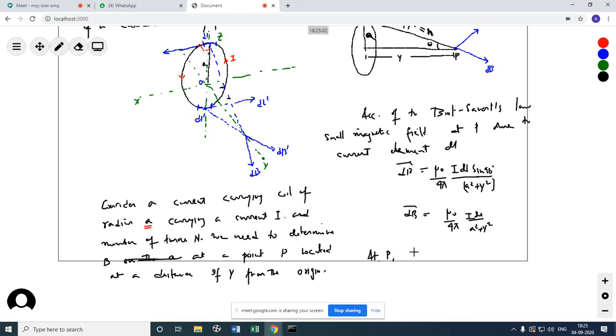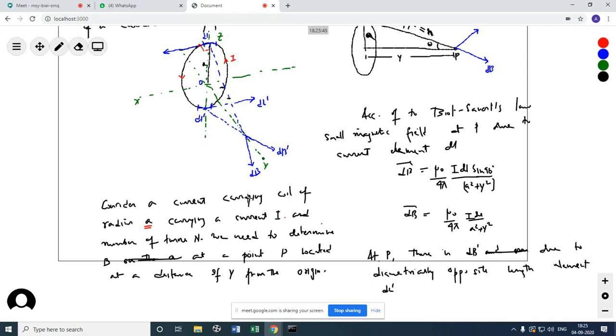How much should I write for sin theta now? The angle between the dl vector and r vector, how much is it? Isn't this your r? It is always from the length element to the point P. So this is our observation point P, and this line is my r.